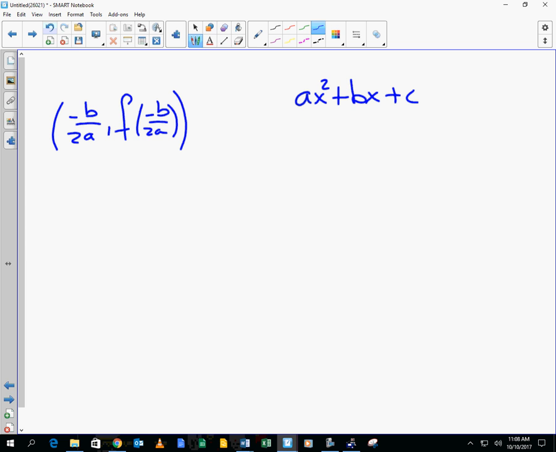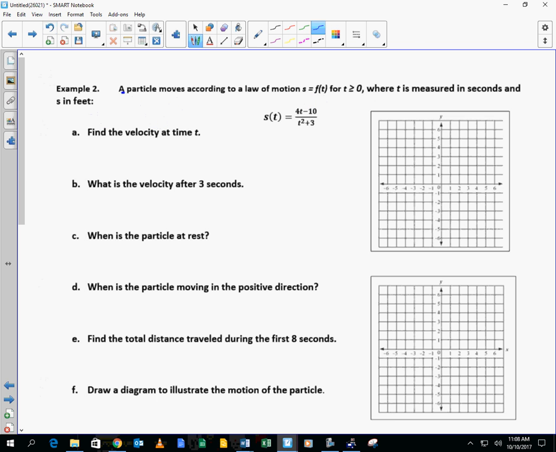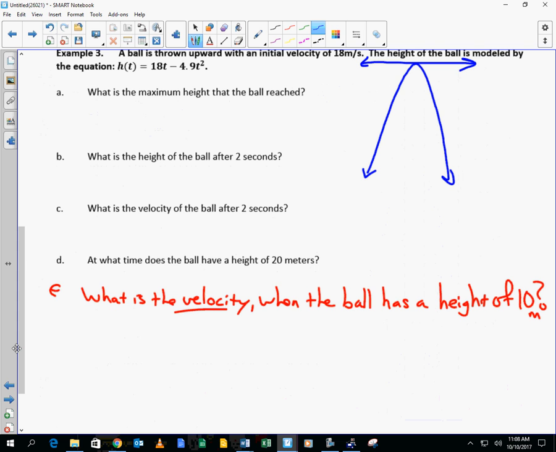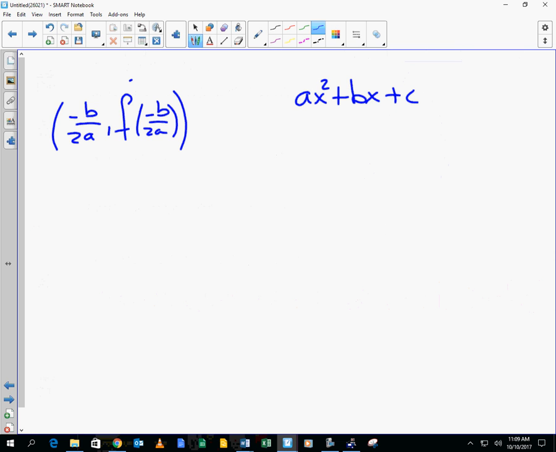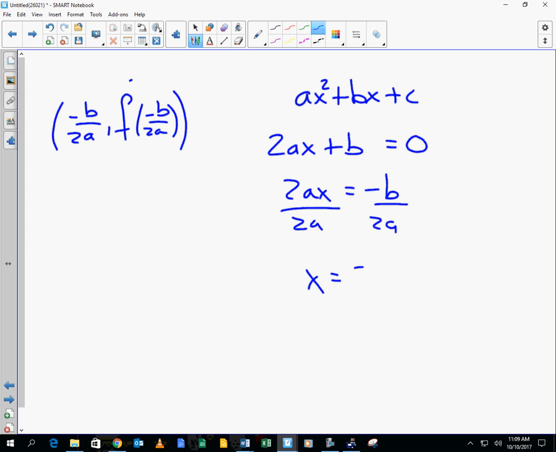If you look at the graph that we just drew, the derivative is equal to 0. So what's the derivative of this? Move the 2 in front. 2a times x plus b, set it equal to 0 and solve. All mathematics is connected. Okay, it's a beautiful thing.